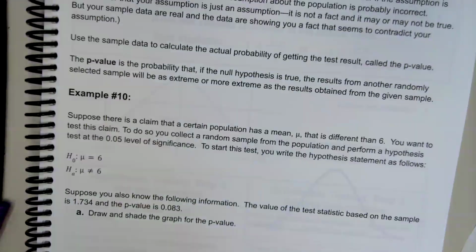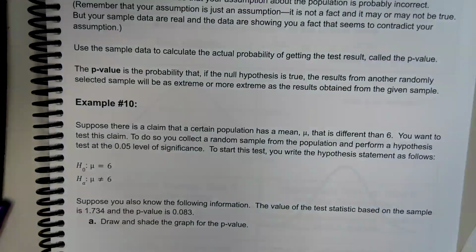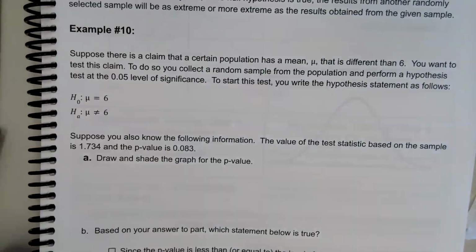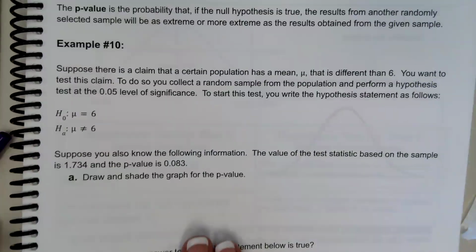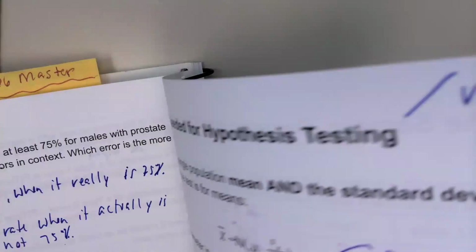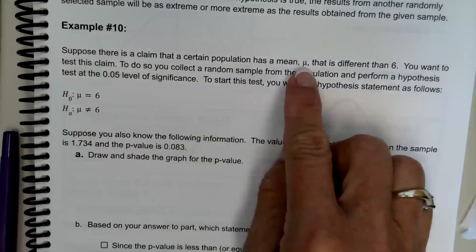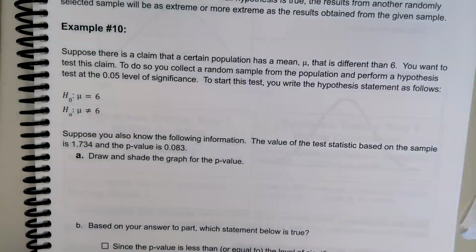Okay. So let's look at an example. This is example 10 here. It says, suppose there is a claim that a certain population has a mean mu that is different than 6. You want to test this claim.